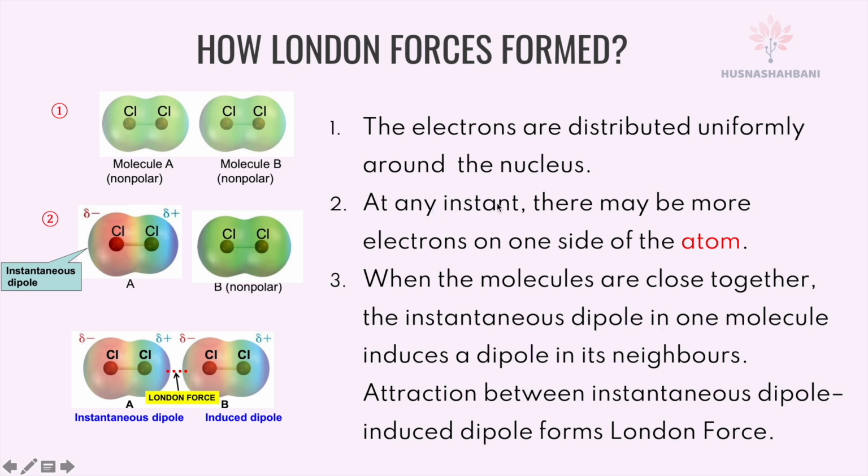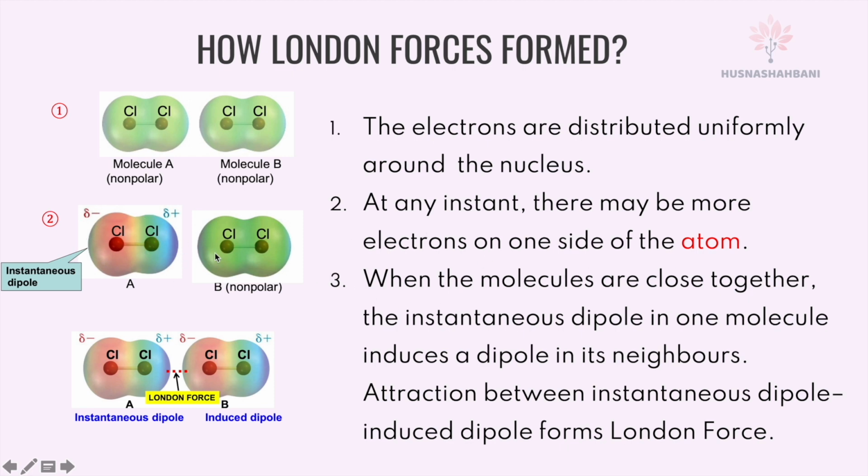At any instant, due to the random movement of electrons, at some time electrons may be more on the left side compared to the right side, making this molecule an instantaneous dipole. It's a dipole because it has two poles, one slightly positive and one slightly negative. So this is an instantaneous dipole molecule.